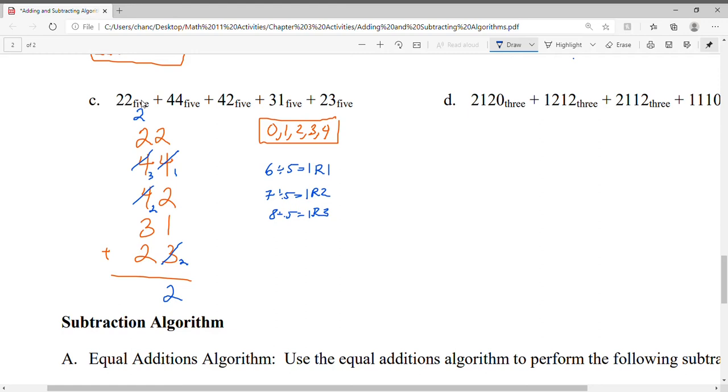We'll need another scratch. 5 divided by 5 is 1 remainder 0. So we'll need a 0 here for the ones place. 0 plus 2 gives us 2. And now we have to carry over 3 scratches. So that's 3. So our solution is 3, 2, 2, base 5.